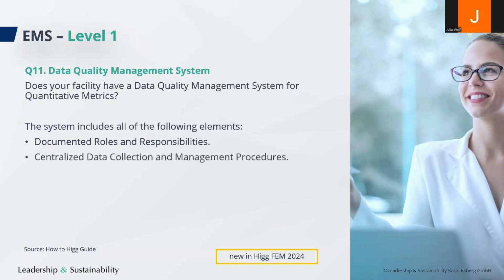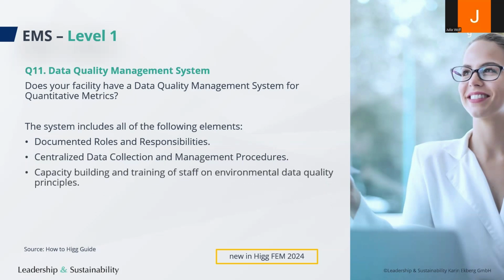You should also have a centralized procedure on how to collect and manage your data. You should have capacity building and training of staff on environmental data quality principles. And finally, you should have internal quality assurance procedures.